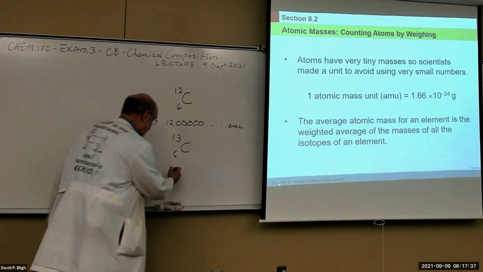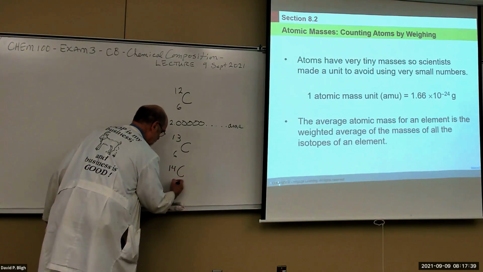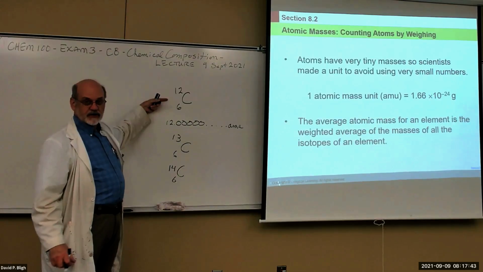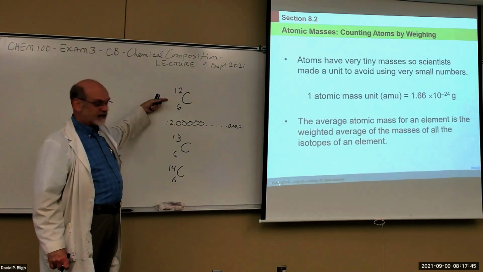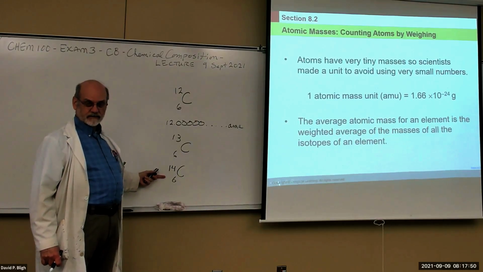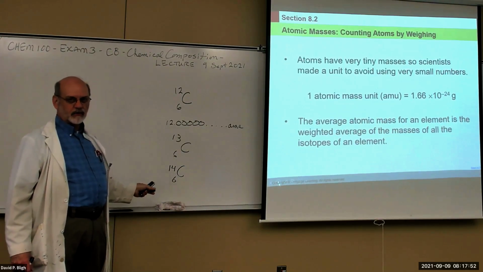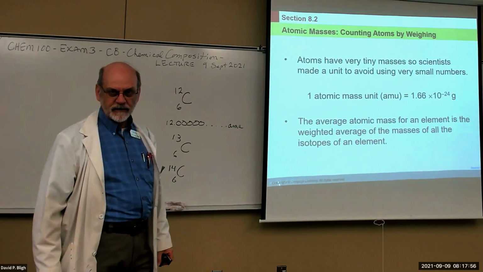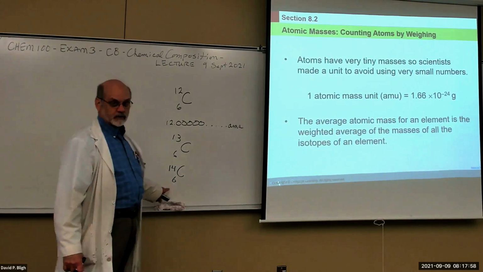It might even have some of this one. Right? This one is a stable isotope. It doesn't change. No radioactivity. That one is stable. That one is radioactive. And it's a minor component, 0.01% of the total. So we can virtually ignore this one.